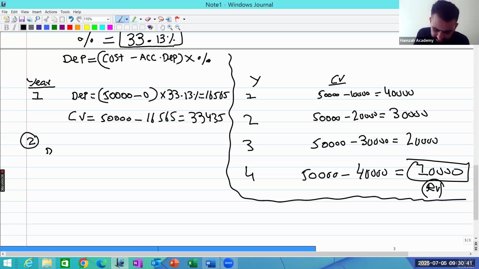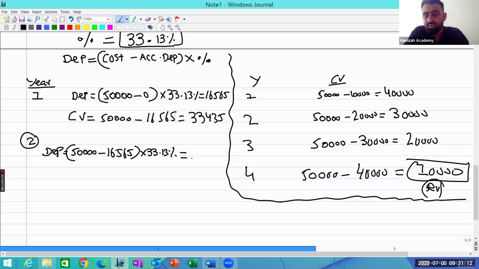The second year: cost minus accumulated depreciation, which is 16,565, into 33.13%. The depreciation will be 11,077.